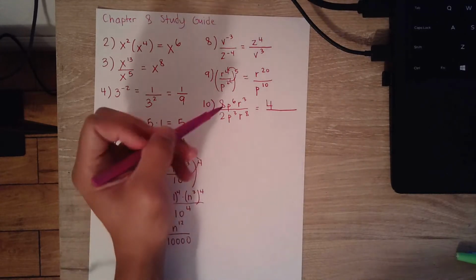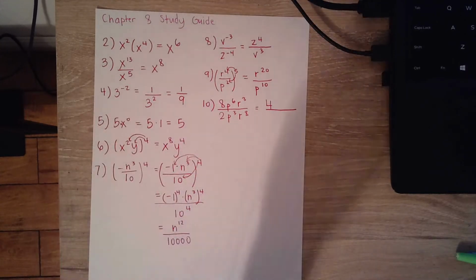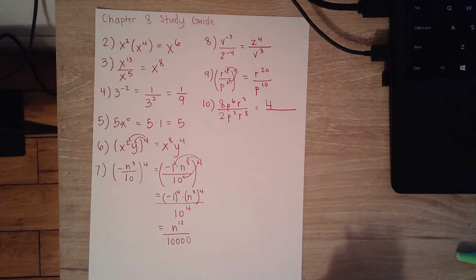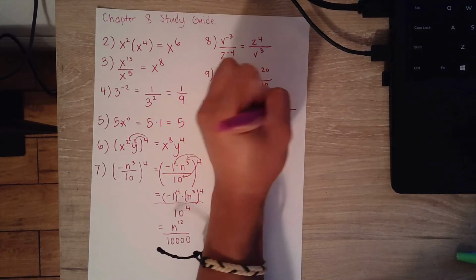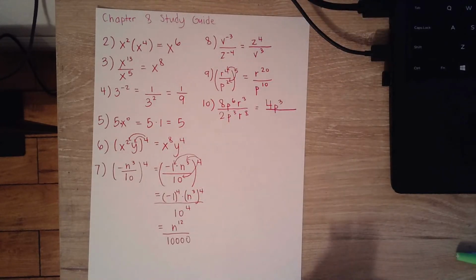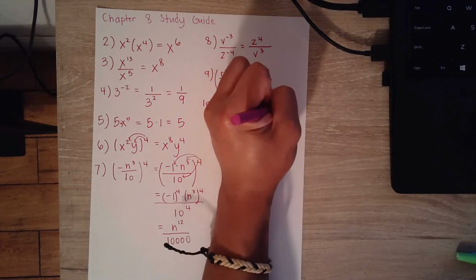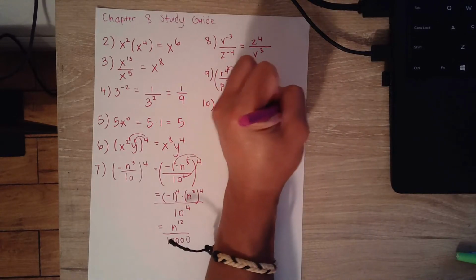All right, so next we think of our base of p to the 6th power divided by p to the 3rd power. Well, 6 minus 3, that gives us p to the 3rd power. And then r to the 3rd power divided by r to the 8th power. Well, once again, subtracting those exponents, be careful of our signs. We have r to the negative 5th power.